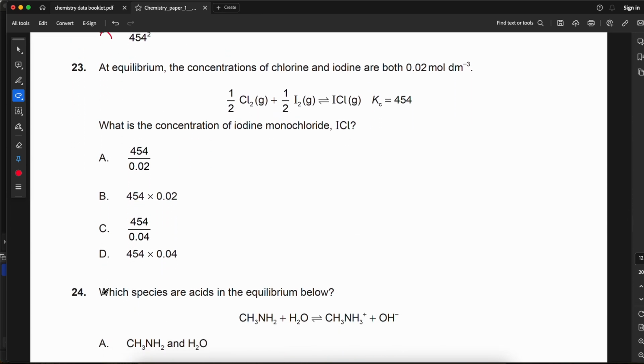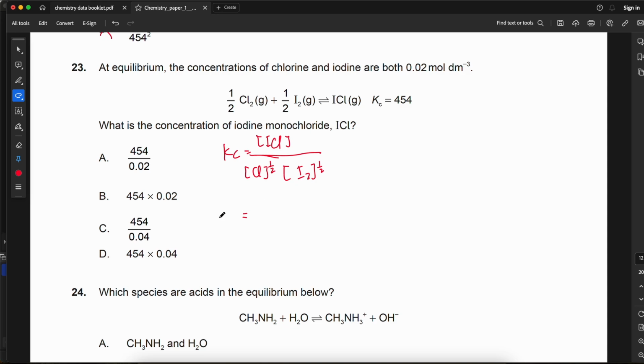At equilibrium, the concentrations of chlorine and iodine are both 0.02 mole per decimeter cube. What is the concentration of iodine monochloride, ICl? Okay, so Kc will be concentration of ICl divided by Cl2 to the power half and I2 to the power half as well.